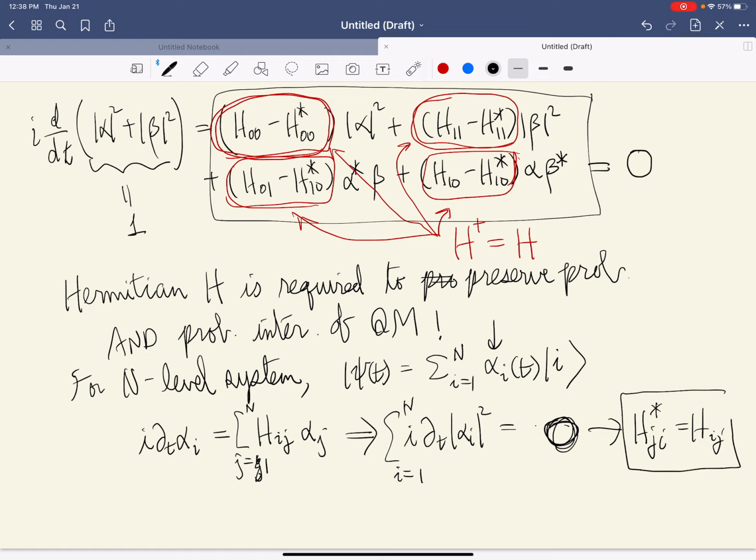This is what defines the Hermitian matrix to be Hermitian in terms of its matrix element. And I want to propose this as a homework exercise, since we haven't had any homework problem so far.